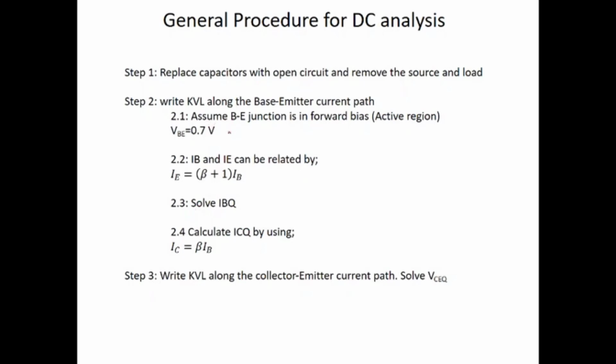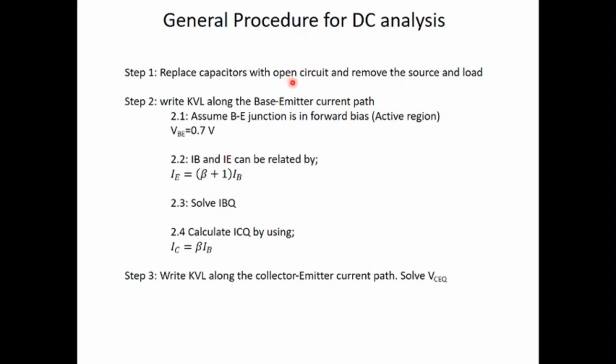First of all, if you see the amplifier circuit with the capacitor, when you want to do the DC analysis, the first step is to replace the capacitor with open circuit, because in DC operation, the capacitor has very high impedance, so it can be replaced by the open circuit.